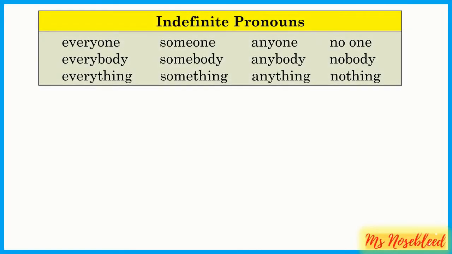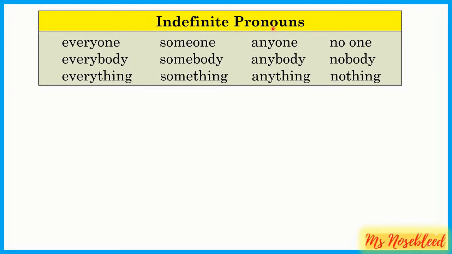The next set of pronouns that we're going to talk about is the indefinite pronouns. Okay, so we have everyone, everybody, everything, which talks about all things, all people, all everything, okay? And then we have the partial positive, which is someone, somebody, something, okay?